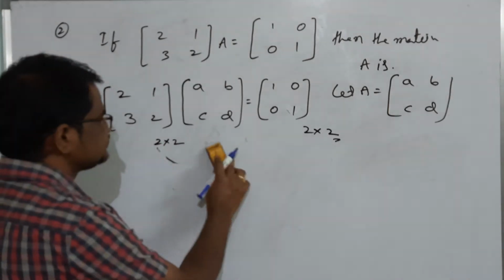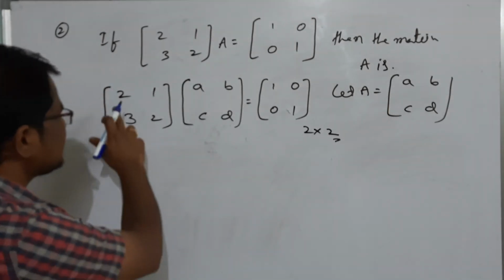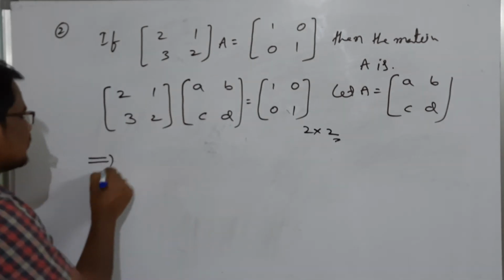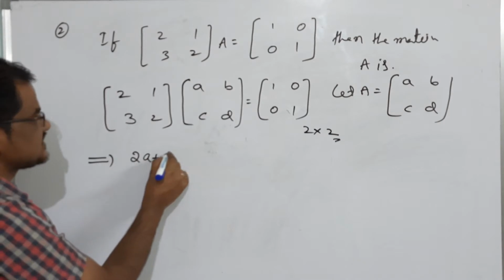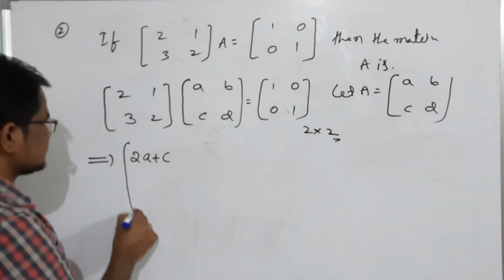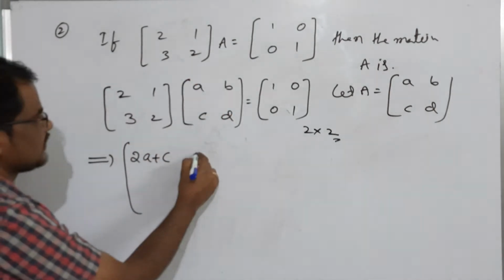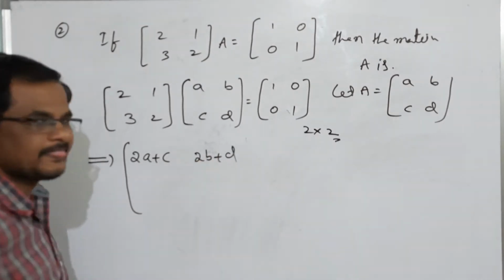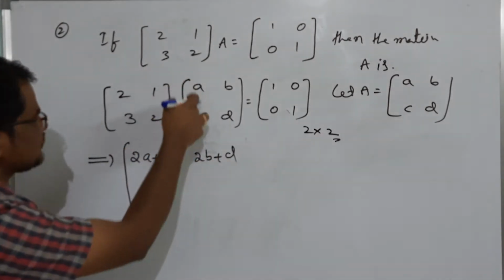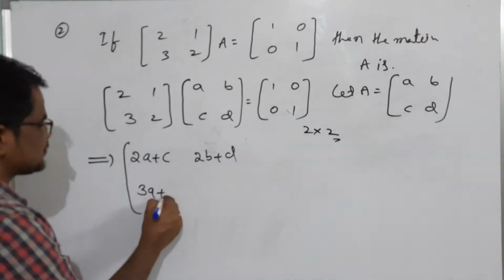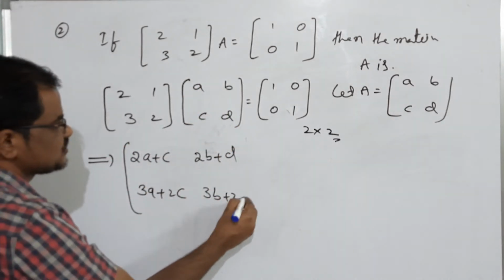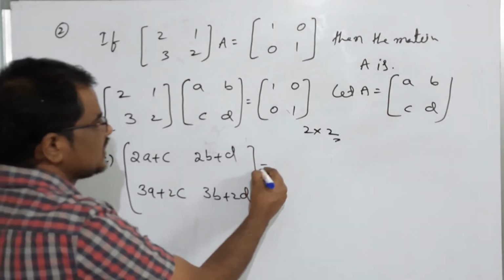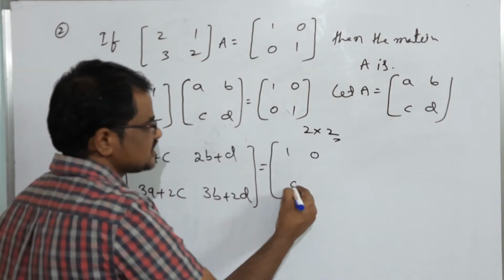Now multiply these two. First row with the first column gives 2a plus c. First row with the second column gives 2b plus d. Second row with the first column gives 3a plus 2c. Second row with the second column gives 3b plus 2d, equal to [1, 0; 0, 1].